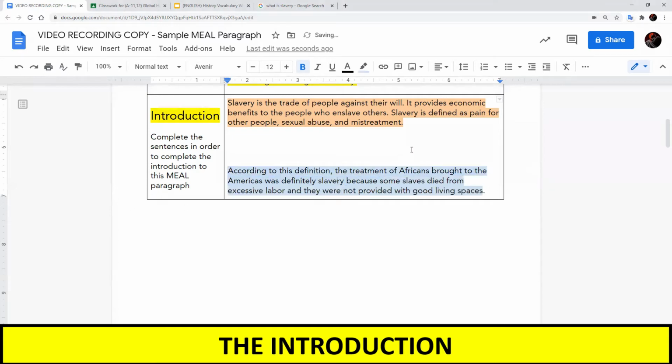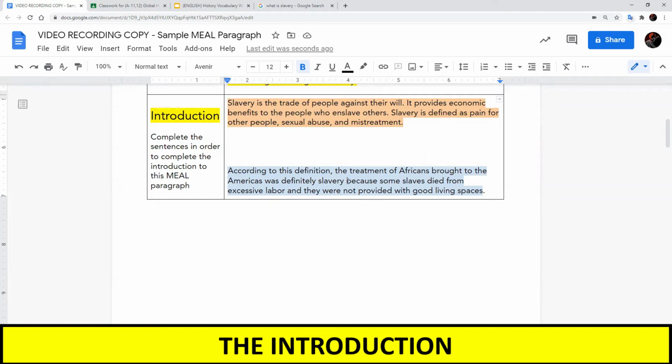All right, so according to this definition, the treatment of Africans brought to the Americas was definitely slavery because some slaves died from excessive labor and they were not provided with good living spaces, right? So what you're trying to do is include details that really connect to what you placed here in the definition.